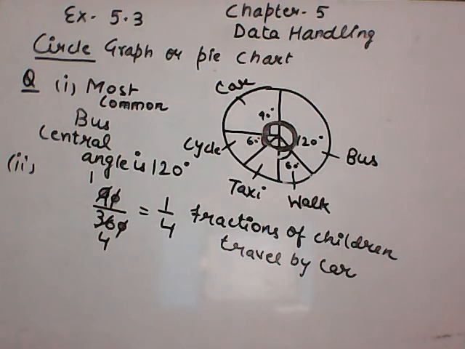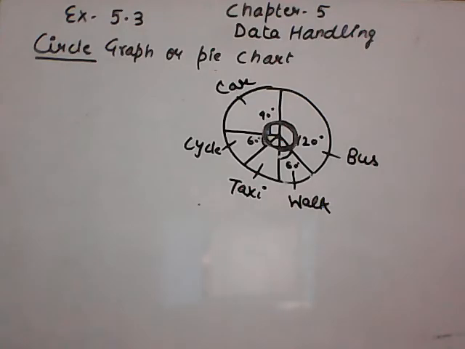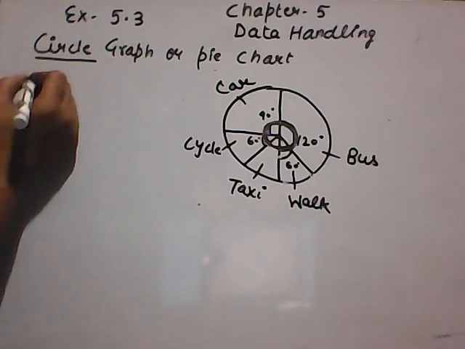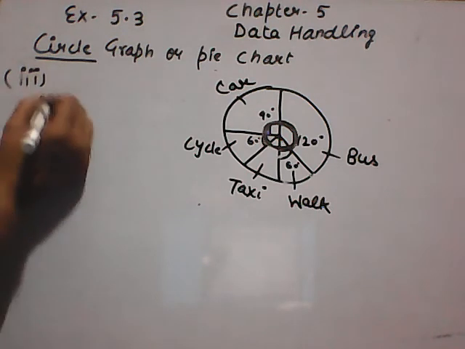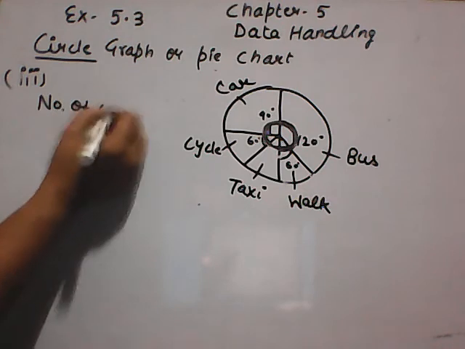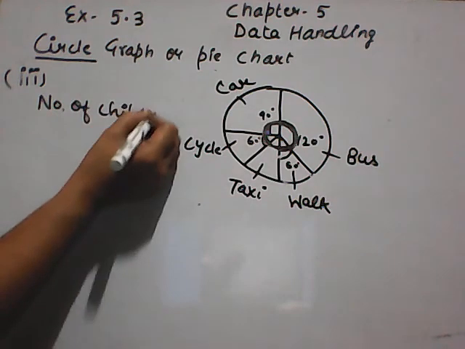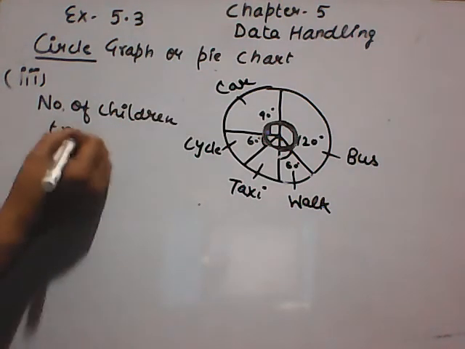Next is, if 18 children travel by car, then how many children took part in the survey? Here, it is given to you that the number of children who travel by car is 18.